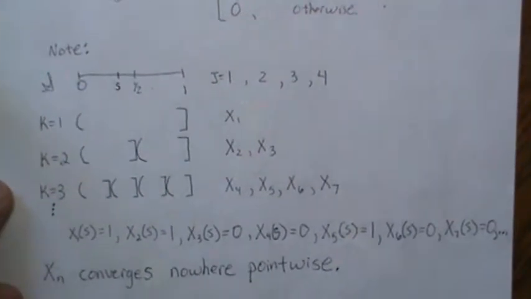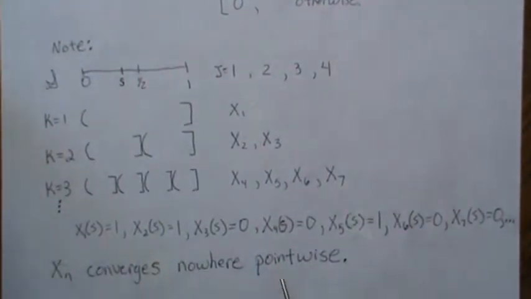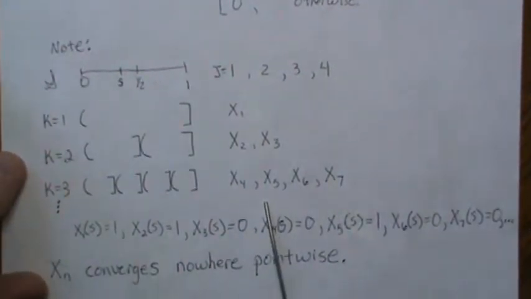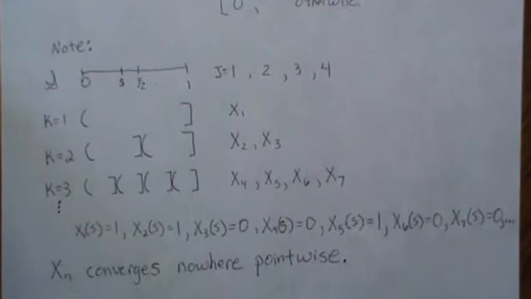So this sequence x1, x2, x3 to infinity never converges, because there's always a 1 that pops up, so it never gets within epsilon of a point. It goes from 0, eventually hits a 1, then 0, and then eventually a 1, so it never converges pointwise. So these are random variables that do not converge almost surely. We've established that fact for now.